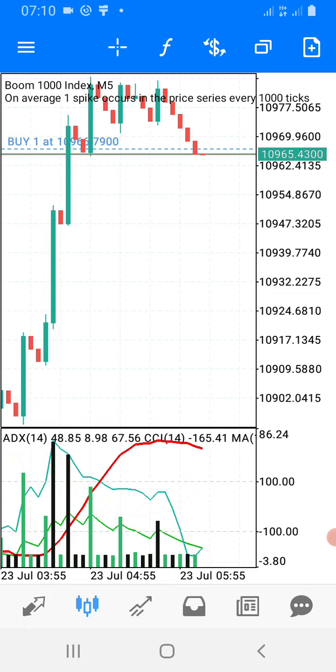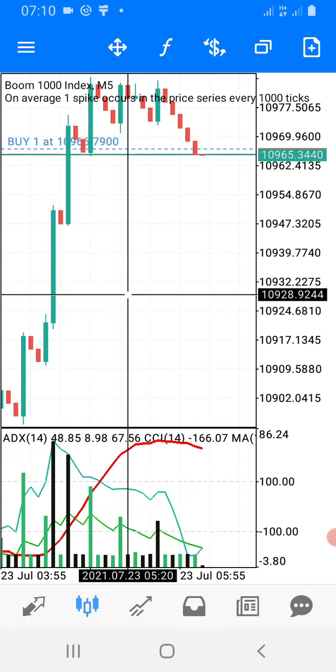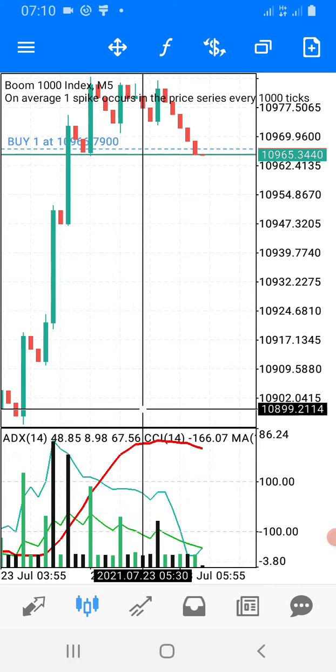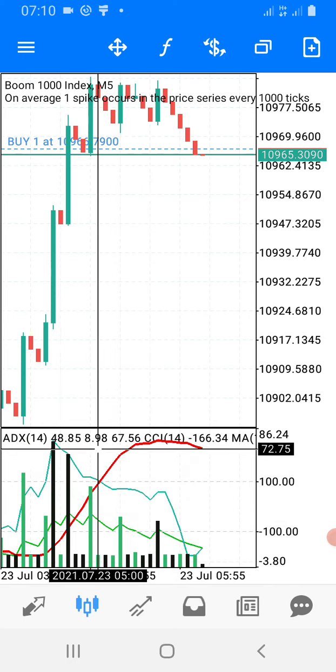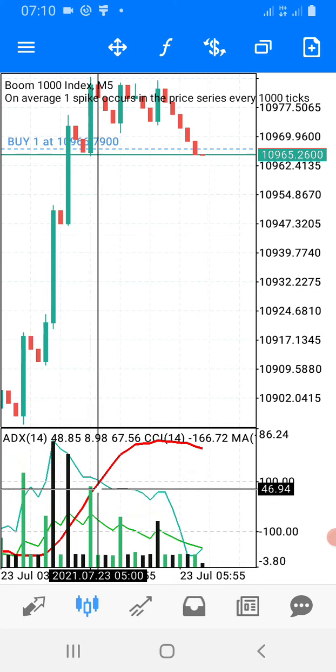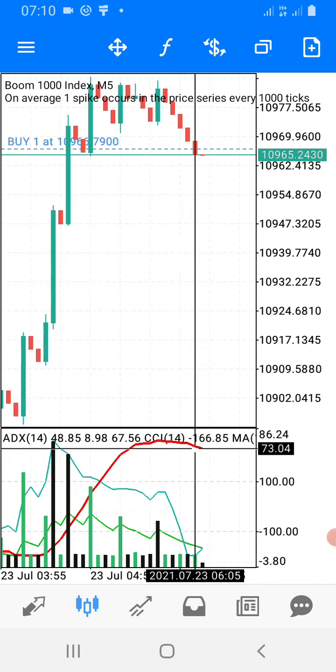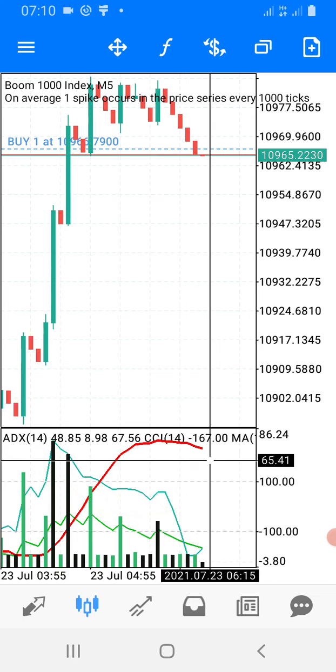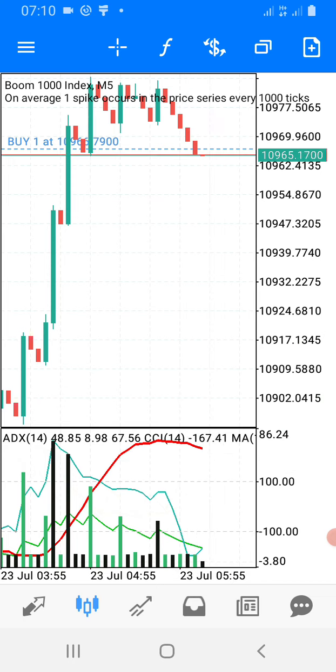So this strategy works. I told you, in order to confirm your signals, make sure to check the 1 minute and the 5 minutes. As you can see, the 1 minute is giving us a reason to buy, telling us it's going to spike, but the 5 minute is showing a downtrend. I'm emphasizing this so you understand every aspect of it.